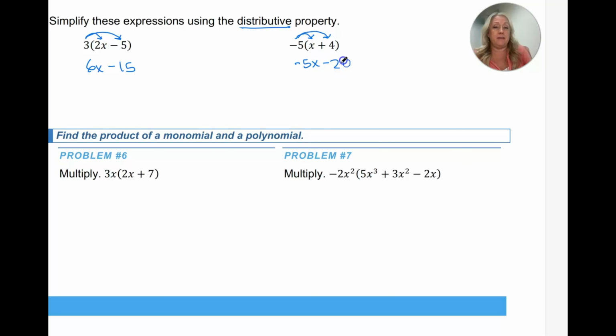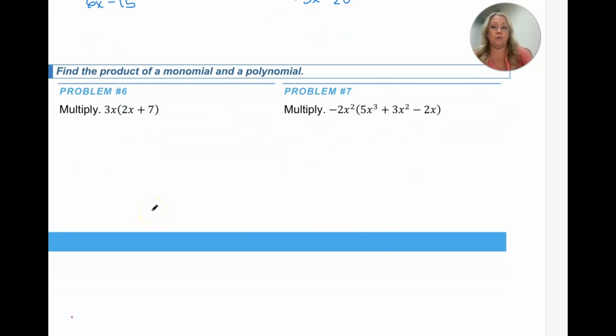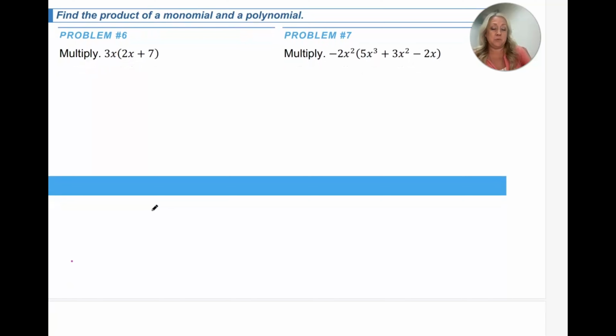Okay, so just a little review there, because you're going to see down here how we're going to be using it in a very similar way. So on this, we've got a monomial. So remember, monomial means one term. Polynomial means many terms.